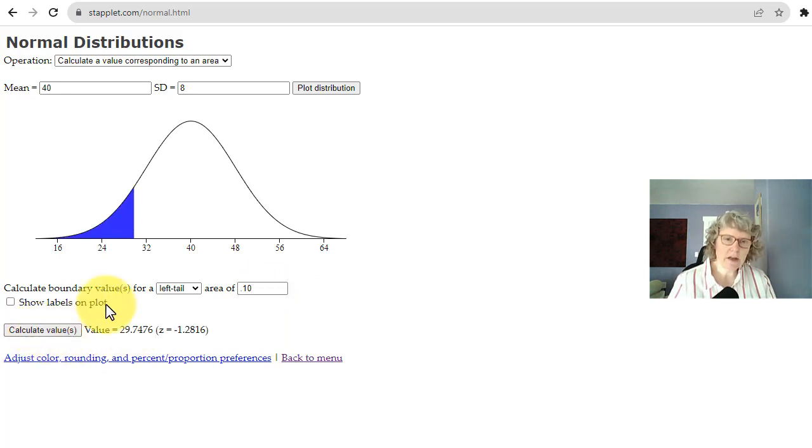When I hit calculate values, use the picture as a check. If I saw something on the right, I'd know I did something wrong. Now I can see that it's just a little below 32, and the z-score is negative 1.2. So it's 1.2, almost 1.3 standard deviations below the mean, and the value of that is 29.7476 inches.